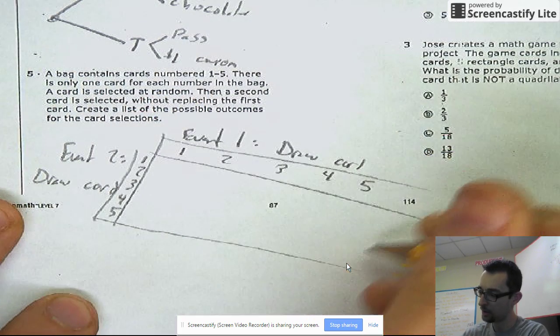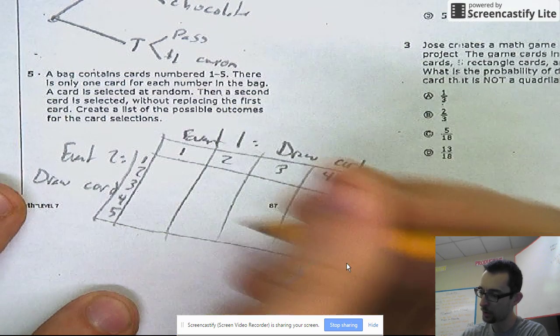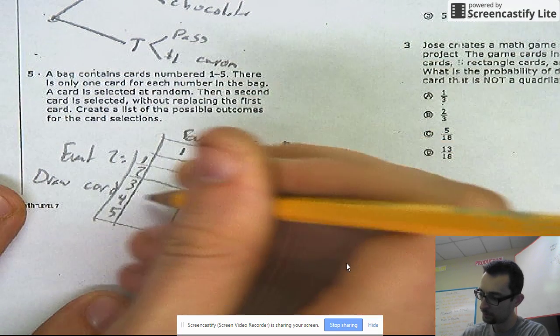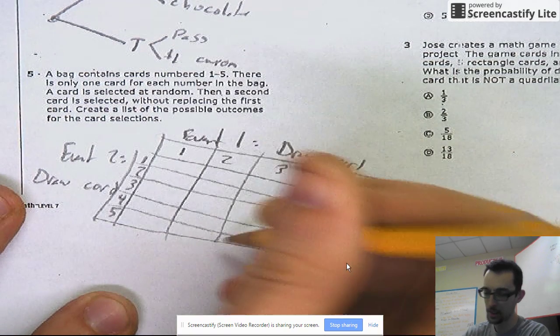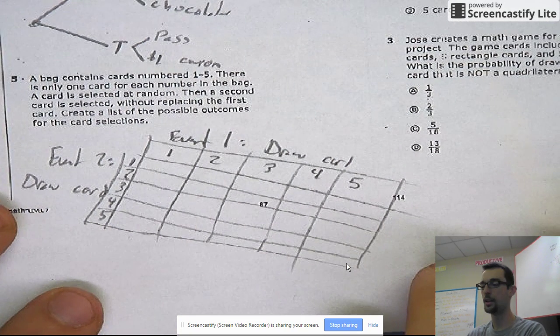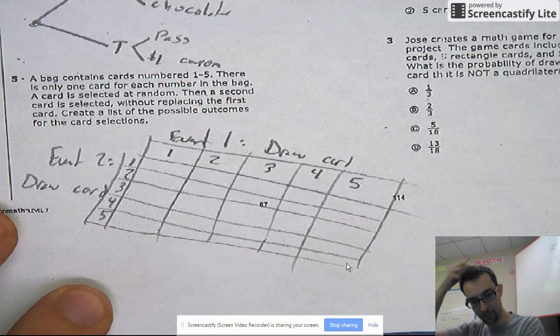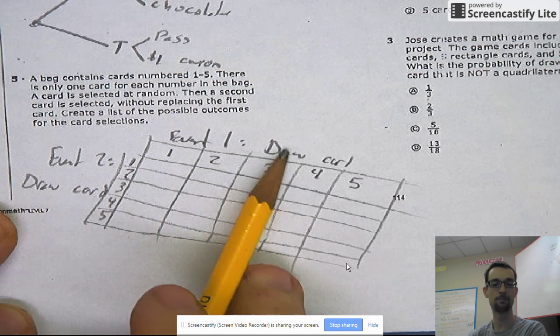So my table is going to look like this. Right now, it looks like it's going to have 25 cells because that's 5 times 5. But in actuality, this is what we call a dependent event. The probability of the second event depends upon the first.